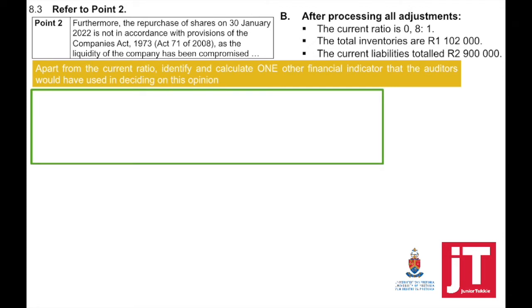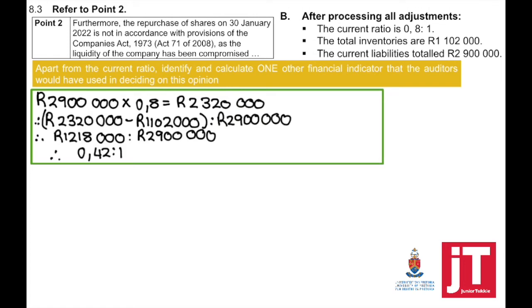Based on the information presented, we first need to find out what the total current assets are equal to, so that we can subtract the inventories. Because the current ratio is given to you as 0.8, we are going to take the current liabilities and multiply it by 0.8. That will provide us with the total current assets.